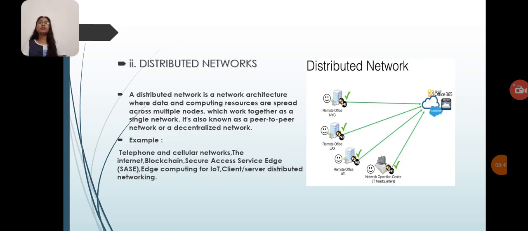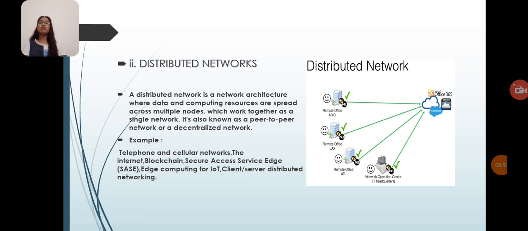distributed networks. A distributed network is a network architecture where data and computing resources are spread across multiple nodes which work together as a single network. It's also known as a P2P network or a decentralized network.